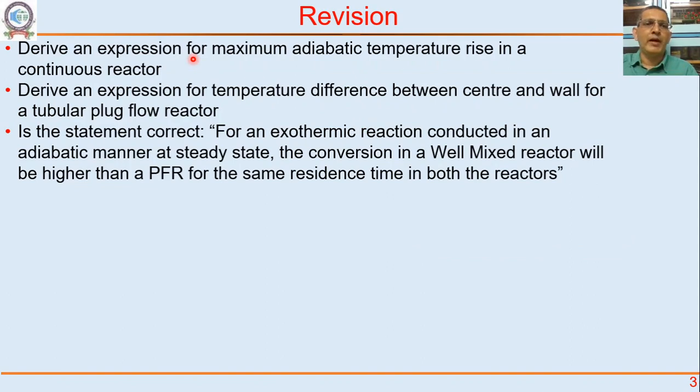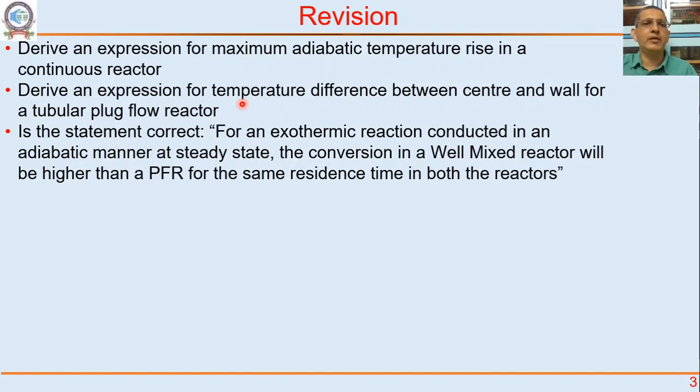To help you get into the frame of this lecture, here are some questions for you to think about and recollect from the previous class. First, derive an expression for maximum adiabatic temperature rise in a continuous reactor. This could be well mixed or plug flow, either way.